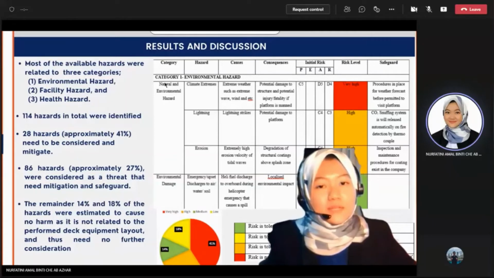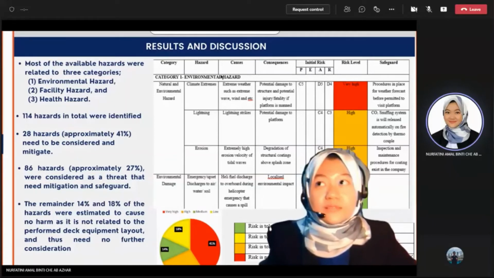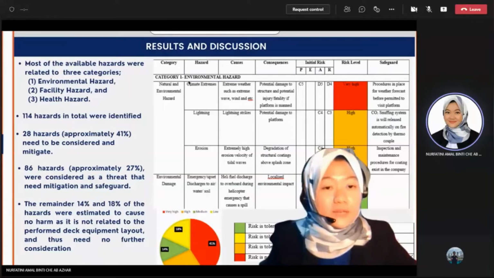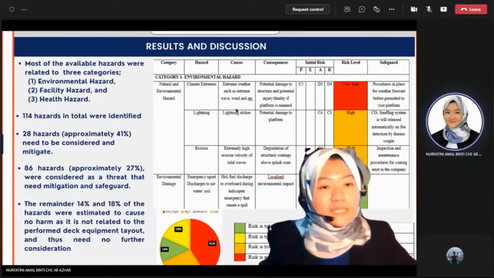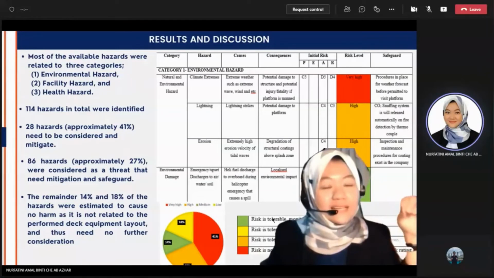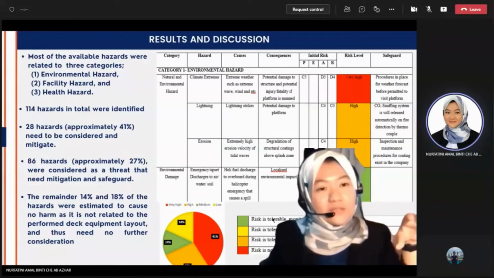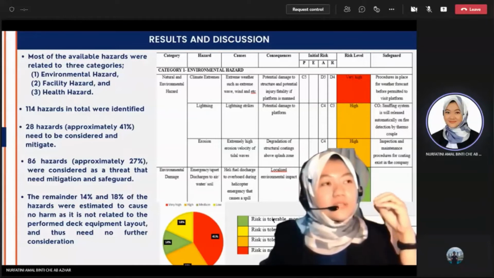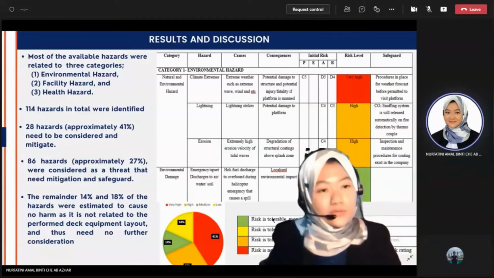Let's say this is one of the examples, and for category 1, I will list out all the hazards involved, and then I will list out all the causes and the consequences. The hazards will be ranked based on the risk matrix, which is based on their severity and also the likelihood.